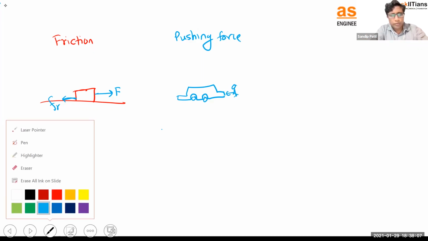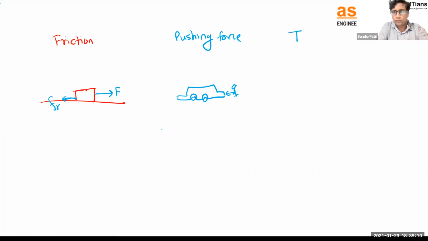Is tension pulling or pushing? Tension is a pulling force, right? But is there contact? Obviously, again we have taken the example that the tow truck was pulling your car. That is also the pulling force, tension force we can say, and obviously it is a contact force.